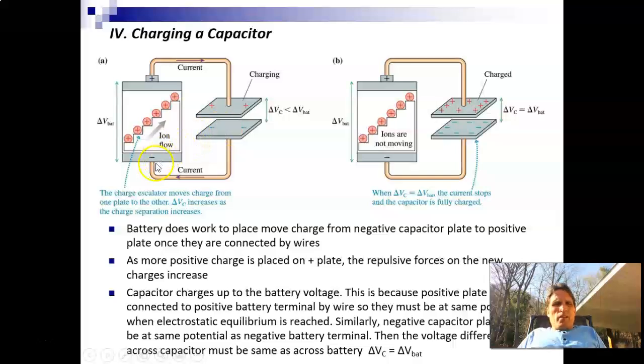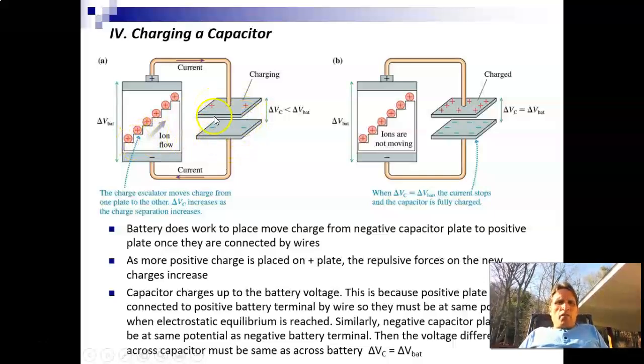Originally both plates are neutral. With this battery, remember, chemical reaction tends to move ions over to the positive plate. For each ion that it moves over, it leaves an electron behind, and so now you have an ion and an electron. Then it moves the second one over, and now you have 2 electrons and 2 ions.